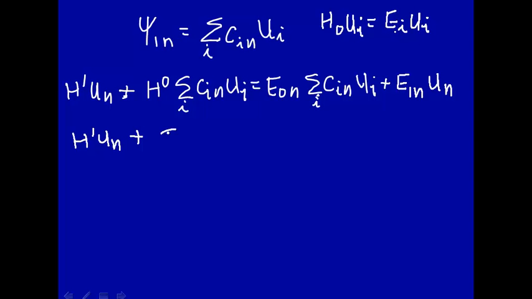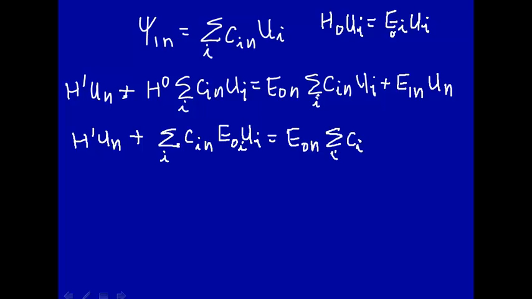So we can rewrite this, I hope I've convinced you without too much trouble, as Cin times E, that's the zero order, times ui. And I'll just rewrite these other terms here just to keep everything in. And this, by the way, would be for the ith wave function.